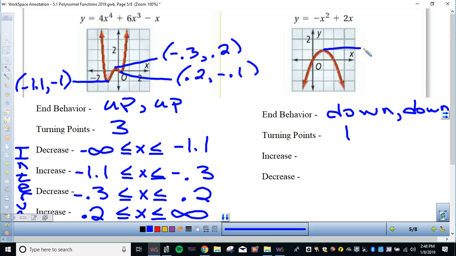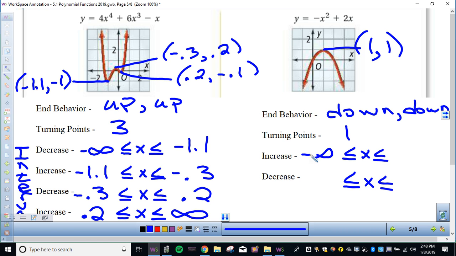So this maximum here is 1, comma 1. So I'm just going to write the less than or equal to x less than or equal to. Just start off writing that. My smallest, I want to always start at negative infinity unless it's specified, to 1, 1 repeats, and then positive infinity. Just a little pattern, that's all.